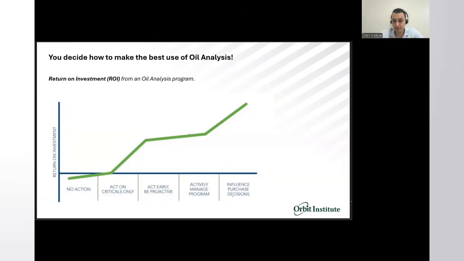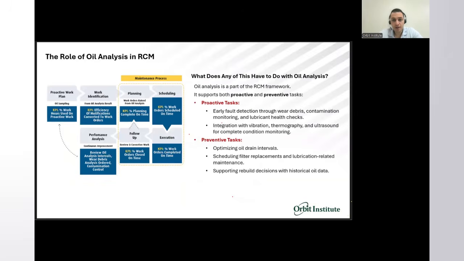Okay, if this oil analysis program starts to influence your oil purchase decisions, then you have the highest ROI. Okay, finally, how does the role of oil analysis fit in reliability centered maintenance.